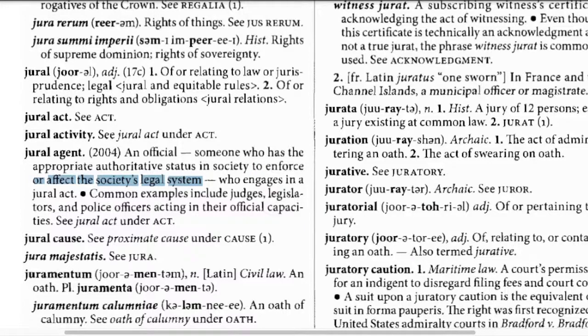Wow. Who engages in a jural act. In a jural act, see under act, which we will. Common examples include judges, legislators, and police officers acting in their official capacities.